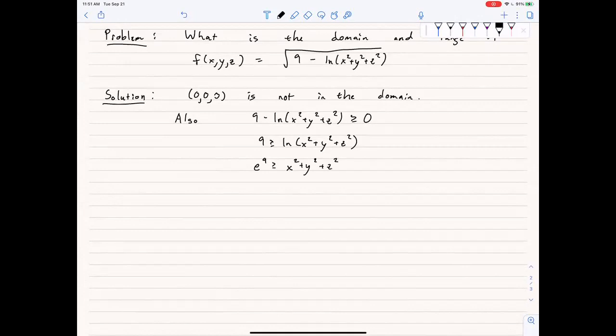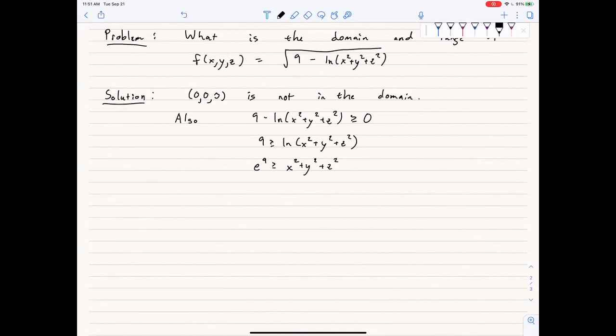What is that describing? So I've got e to the 9 is some number. What is this inequality describing? Sphere. Oh, thank you. I love it. I feel like people are speaking my language here.